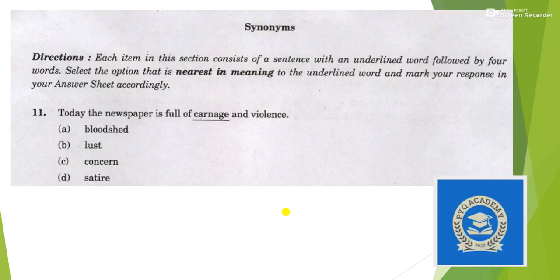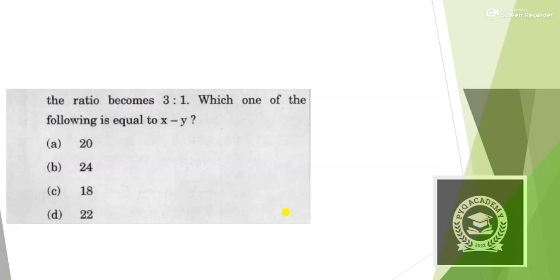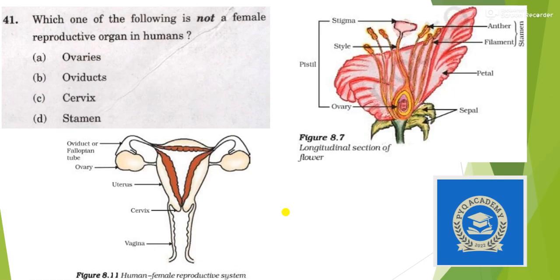So the science questions are there from, I think, number, yeah, we got it. So the first question here is, which one of the following is not a female reproductive organ in humans? So it is a very simple question. If anyone just remembers, he or she can definitely go for odd one out.